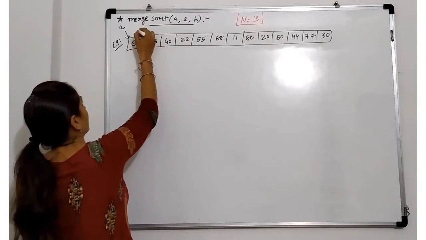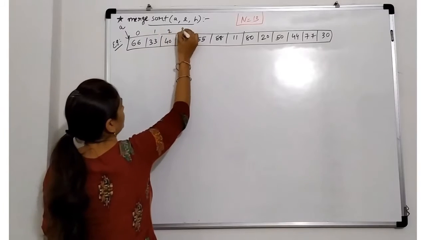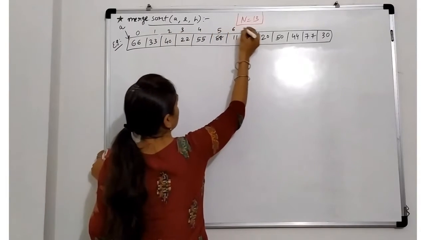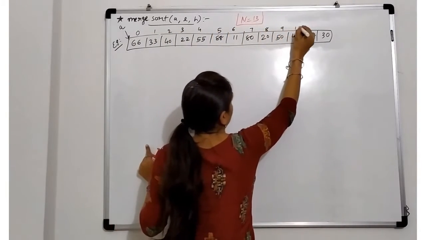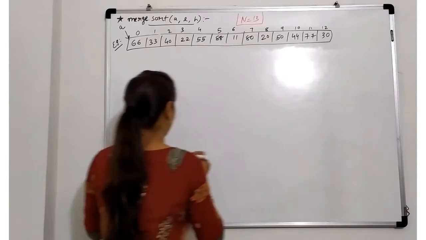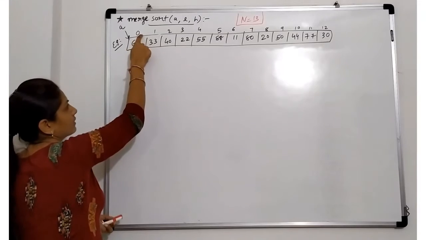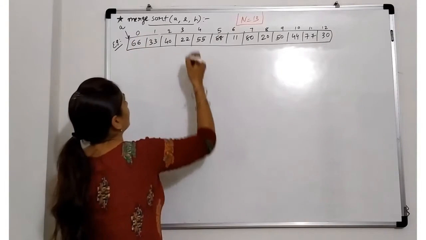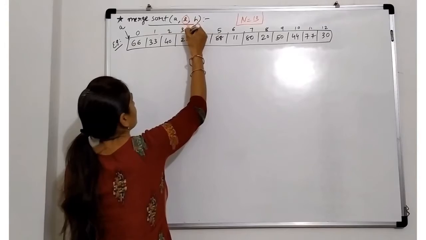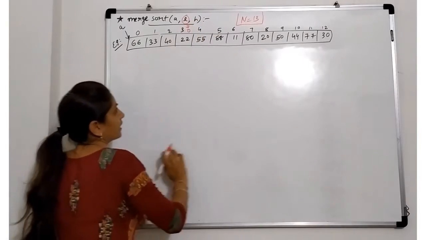The array index always starts with 0, 1, 2, 3, 4, 5, 6, 7, 8, 9, 10, 11 and 12. So the lower limit is always 0, and h indicates the higher limit.